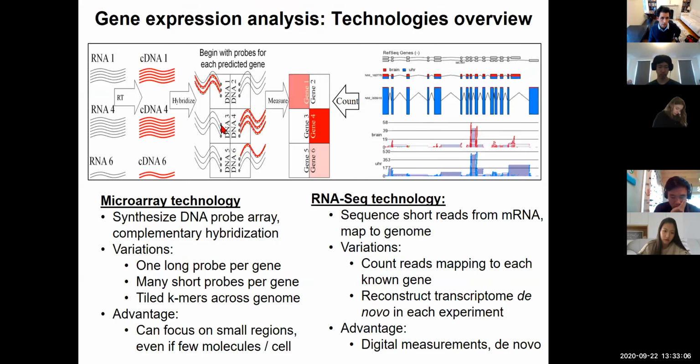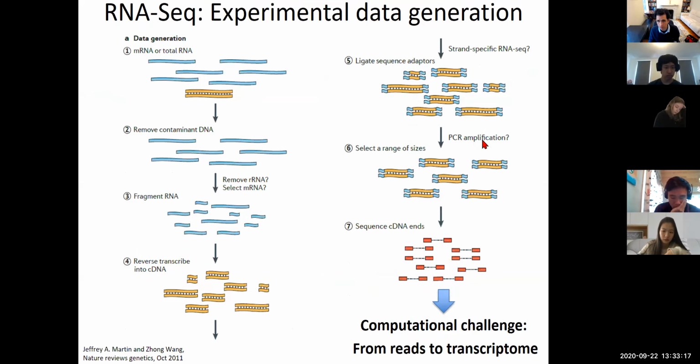This is what we talked about last time. We said microarrays hybridize directly, and RNA-seq counts RNA molecules. So let's now dive into this part and see how RNA-seq counts these molecules.